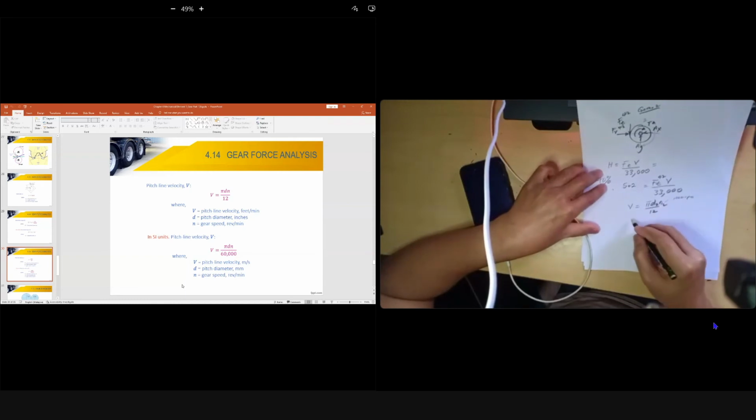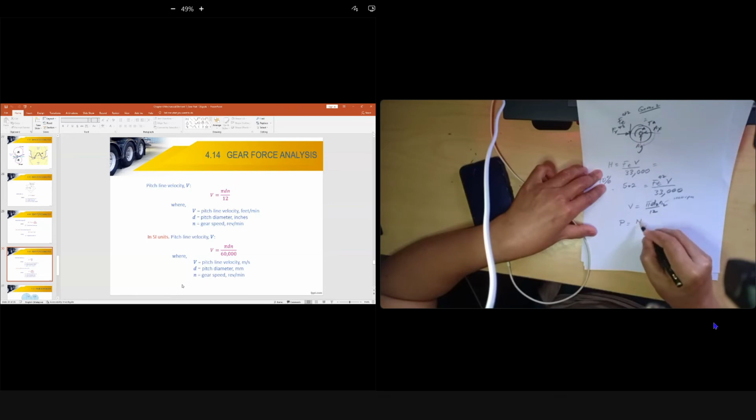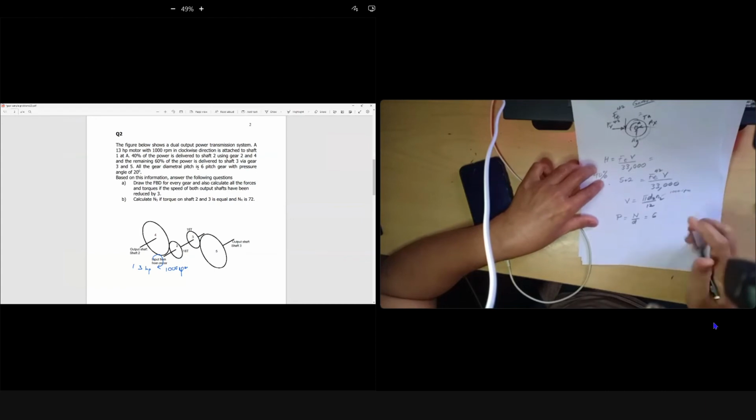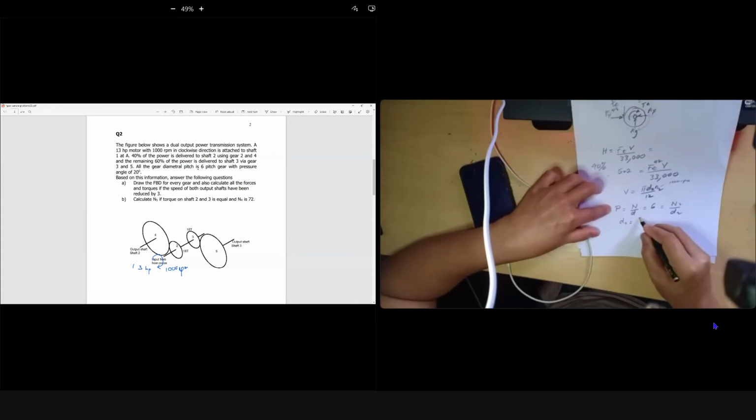D2, the diameter of gear 2: we know that the module is D over N, and diametrical pitch is N over diameter. Diametrical pitch is given in this question as 6. So the diameter of gear 2 is N2 over diametrical pitch.